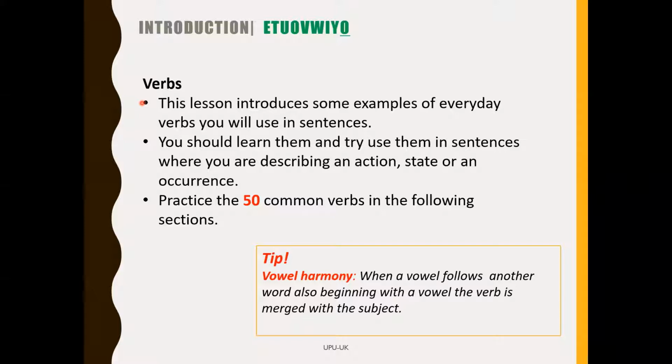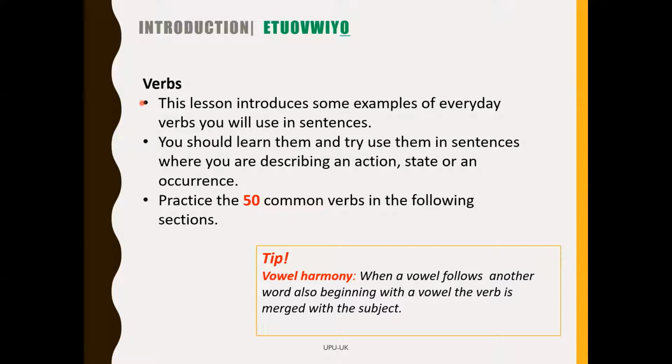The one thing to say at this time is the concept of vowel harmony. Later in the lesson, we will come across situations where we're fusing, bringing two words together, a verb and a subject, and they form a continuous word with an apostrophe, which you will see. There is a grammatical rule that determines how that works.